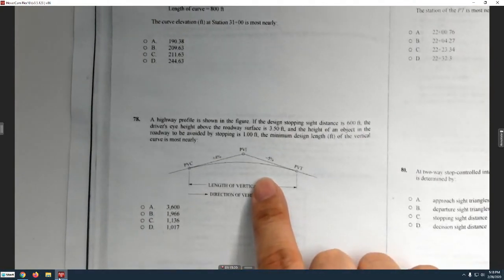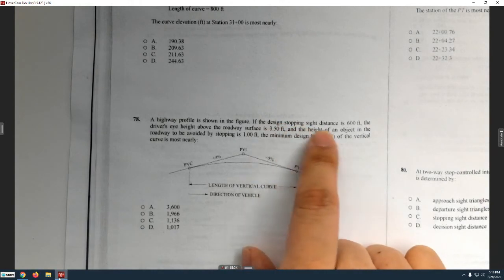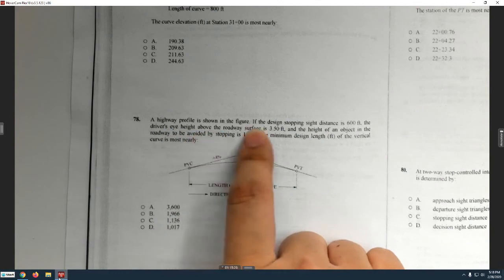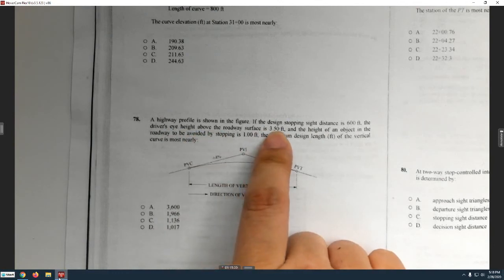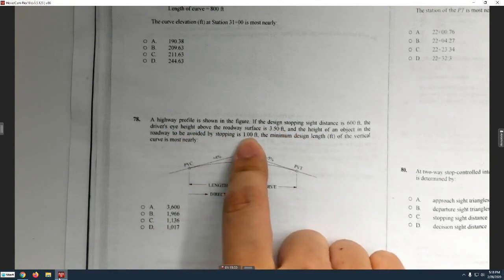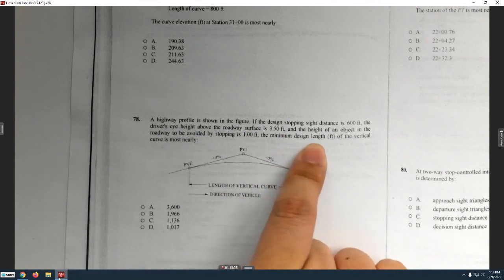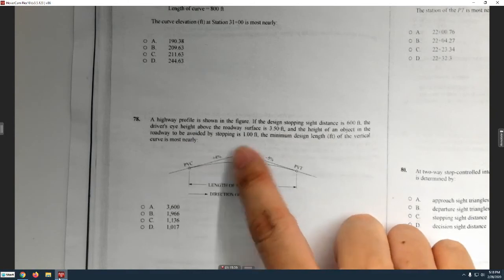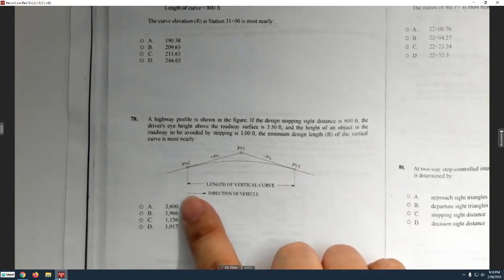Okay, this one. This highway profile is a practice on design stopping sight distance. The driver's eye height is this, and the height of object is this. Minimum design length. So obviously this question gives you S, gives you H1, gives you H2, and asks for L, right?